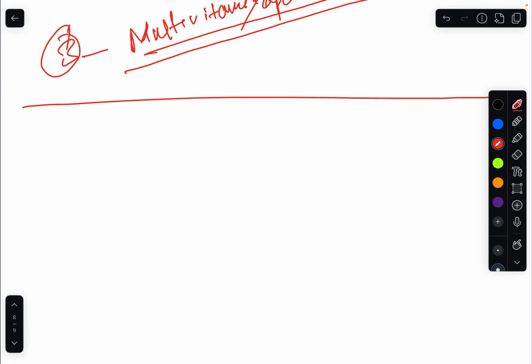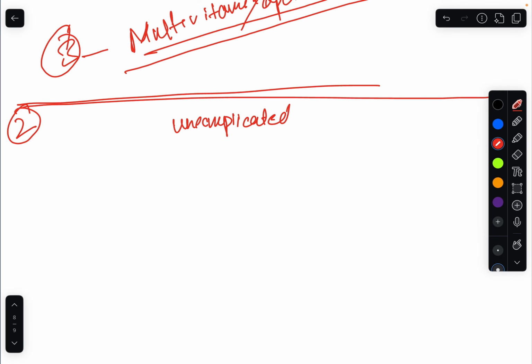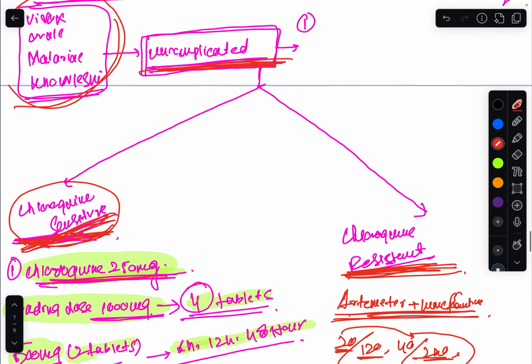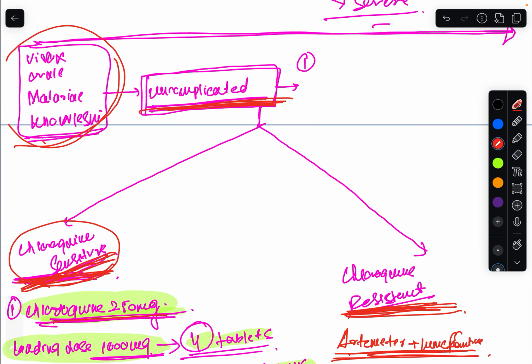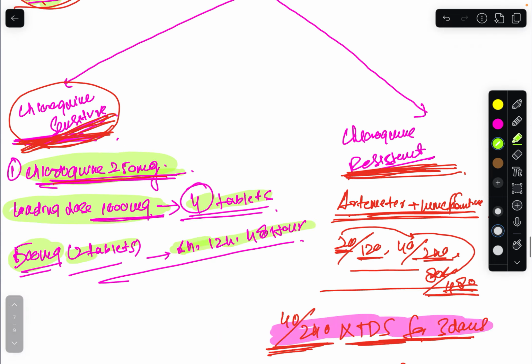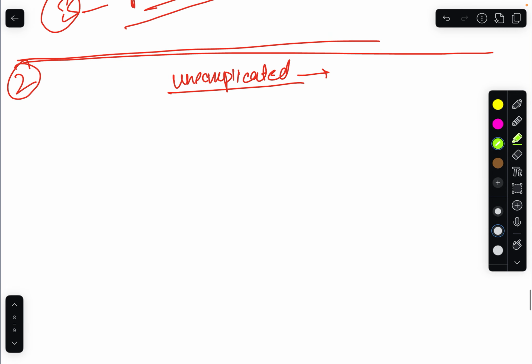Now, coming toward the second concept. This was the first concept. Now this is again uncomplicated malaria, but this time it's not due to one of these. Now this is due to falciparum.